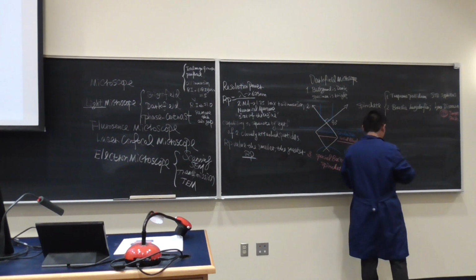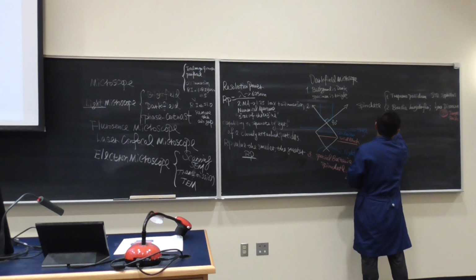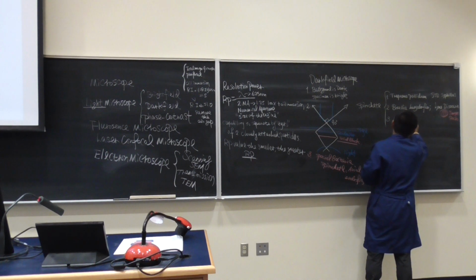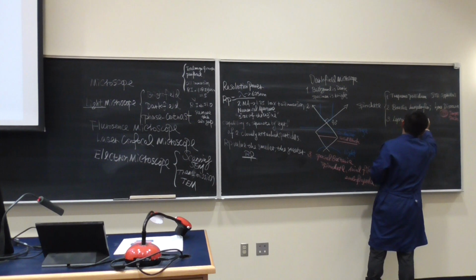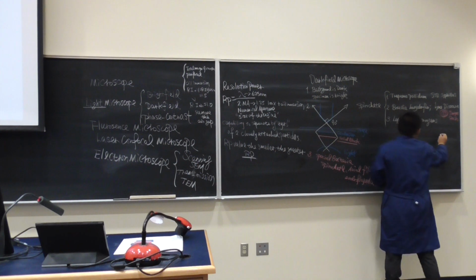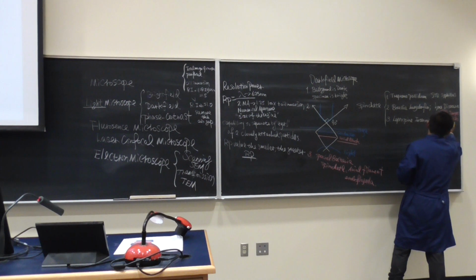The last one, which is on your slides at the end of this lecture, is Leptospira interrogans. This causes yellow eyes, which we call jaundice. It's kind of an indication of liver disease.